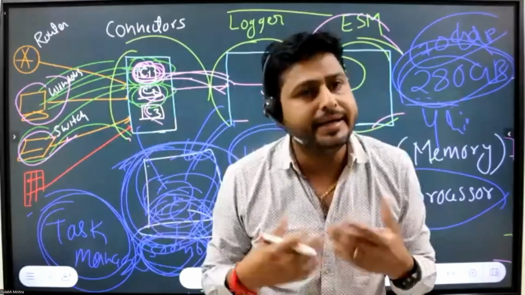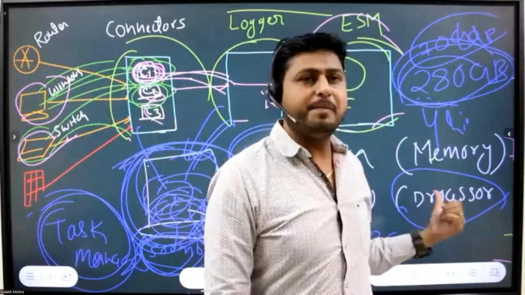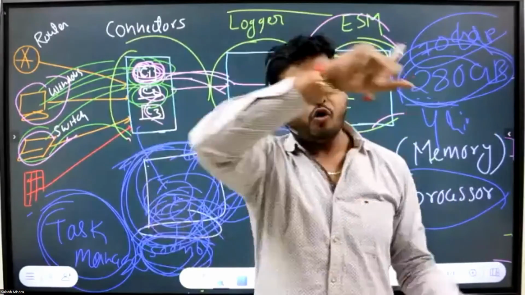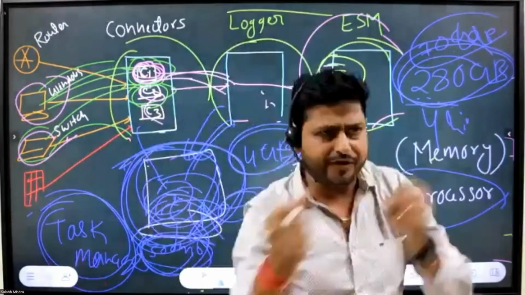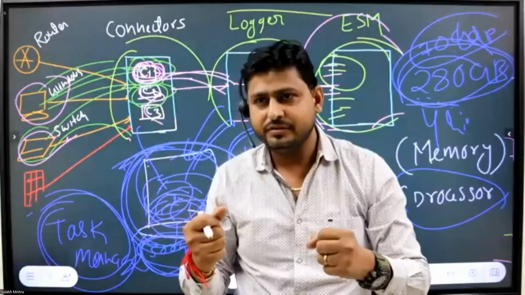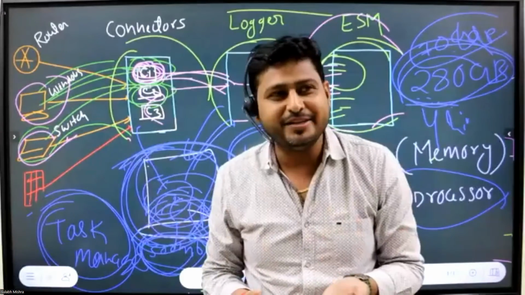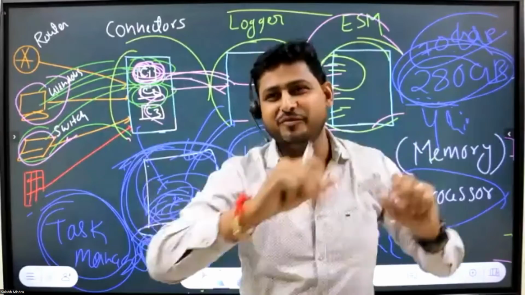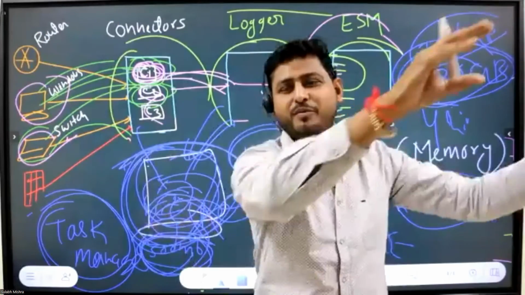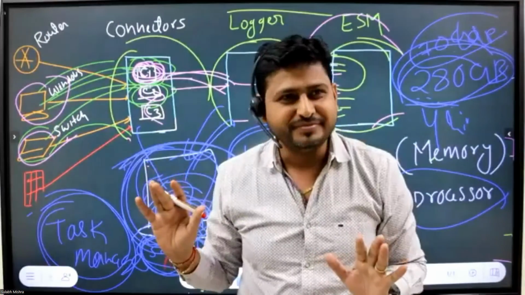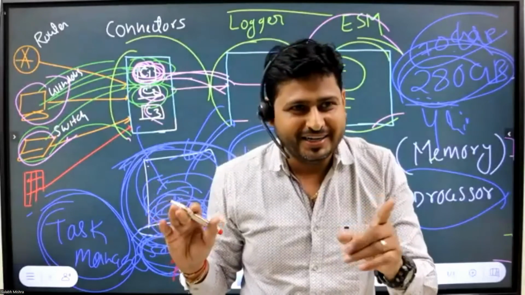Whenever you perform any task, it is performed by the processor. Copy, paste, forwarding, receiving, these are tasks. Yes or no? So any application performing many tasks will use more CPU. Understand?